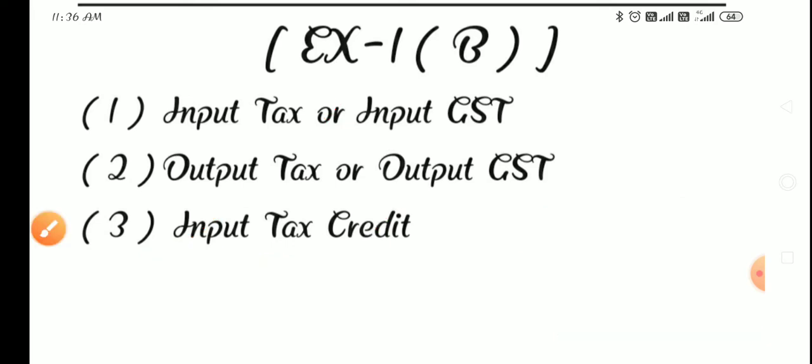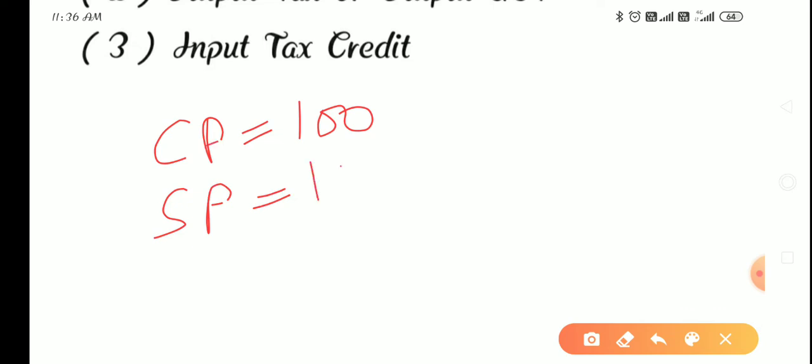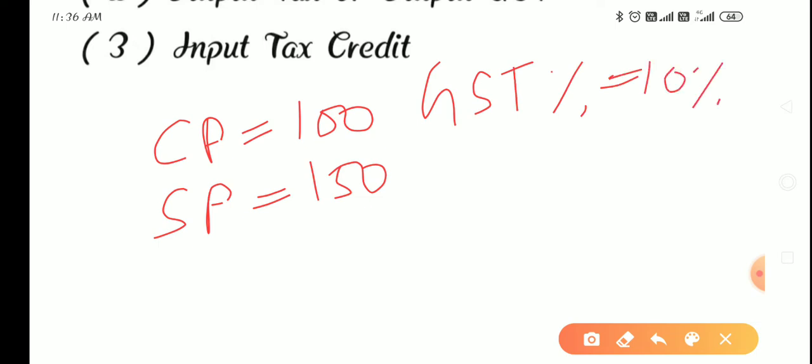Suppose, we are taking one example. Suppose you are purchasing goods for 100 rupees and you are selling them for 150 rupees. Suppose the GST percent is 10%. So input tax, how much will you pay?